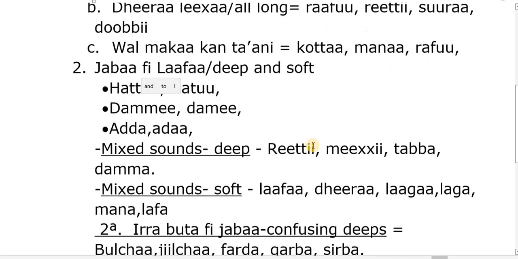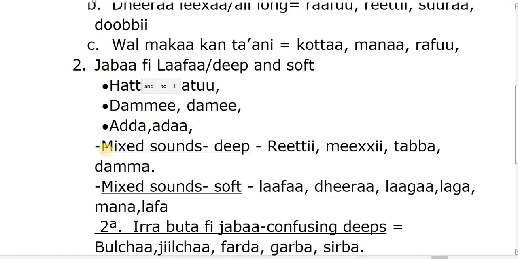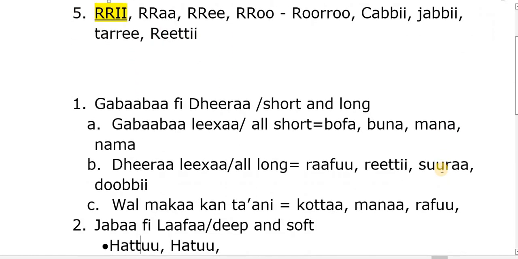The second, with this, we have most of the Oromo words are all mixed sounds like this. So this is short, kota, and this is strong and long.